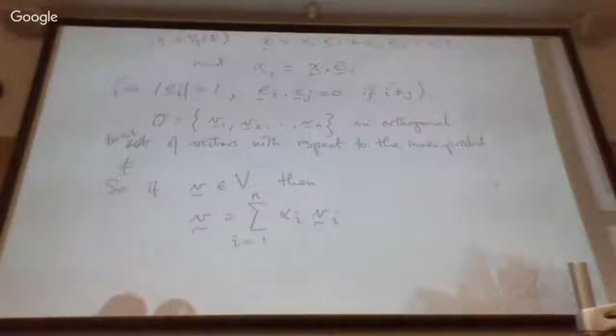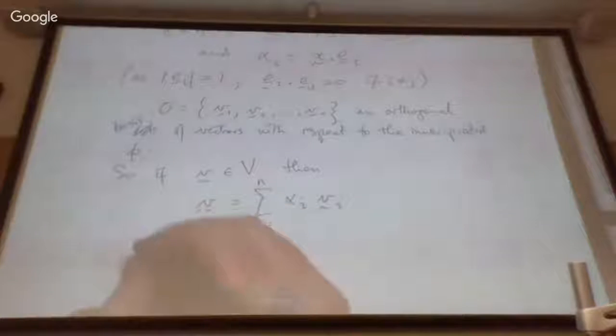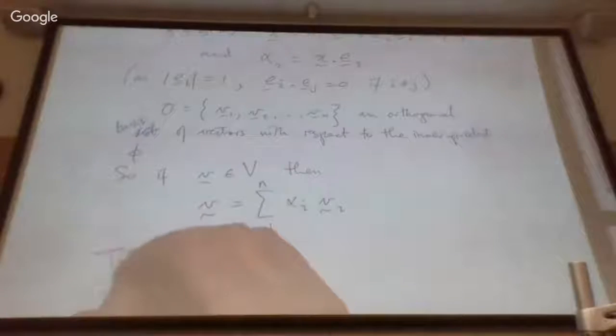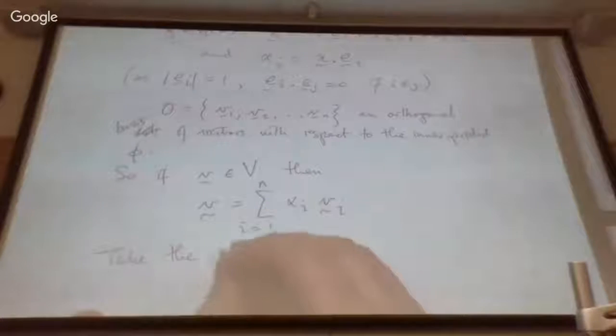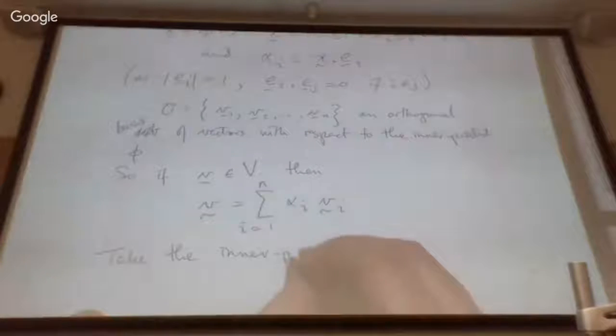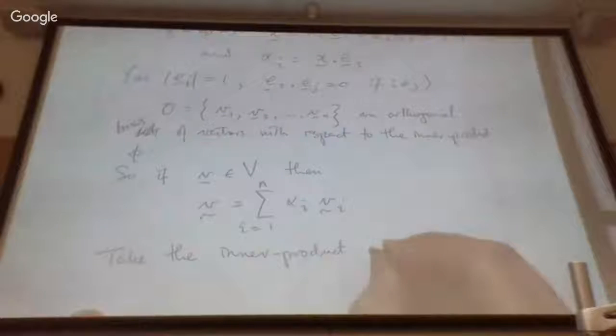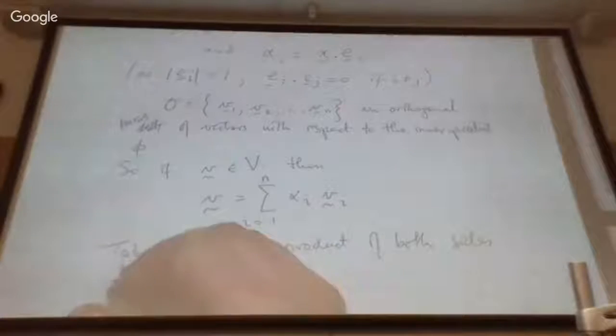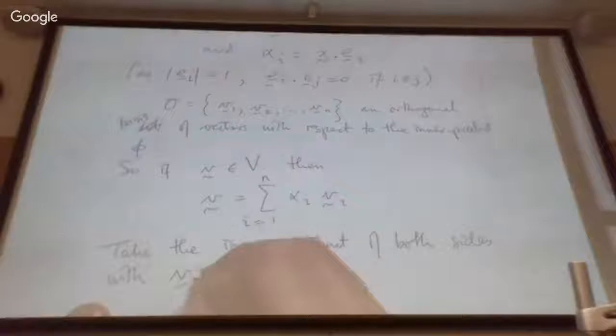And you can prove it if you take the inner product of both sides with one of the basis vectors.